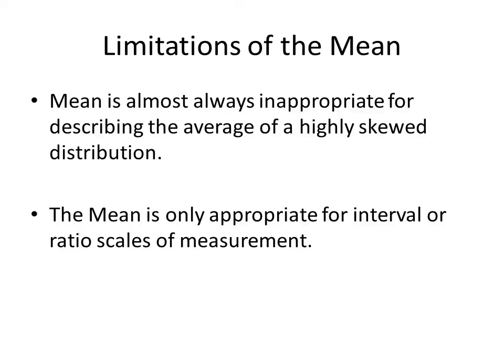Note that a synonym for average is a measure of central tendency, and although the term measure of central tendency is seldom used in research reports and academic journals, you may encounter the term in some statistical texts.